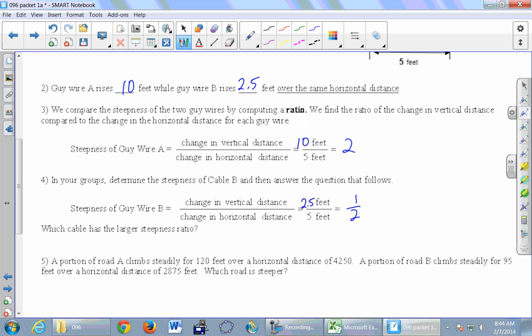So the steepness of A is 2, and the steepness of B is 1/2. And so now we can answer this question: which cable has the larger steepness ratio? A. A is 2. A is bigger. And so I guess what we conclude then is that if this steepness number is bigger, then the line is steeper. So A is steeper.